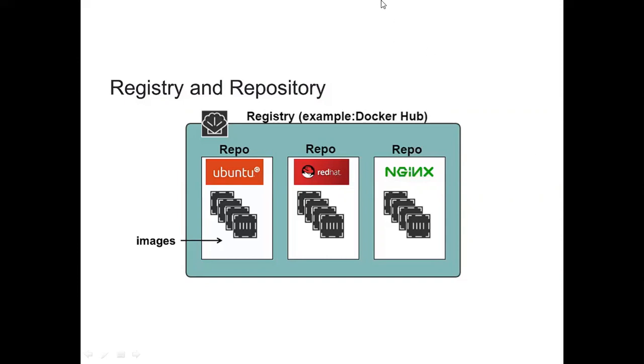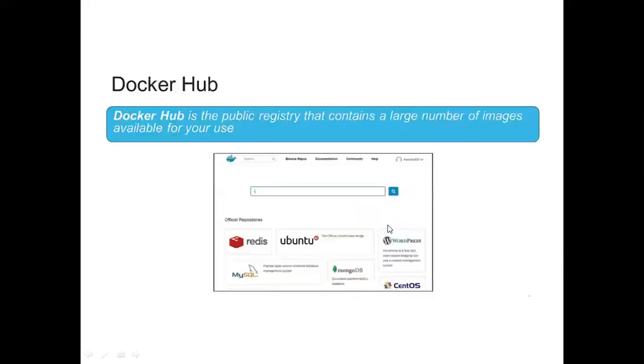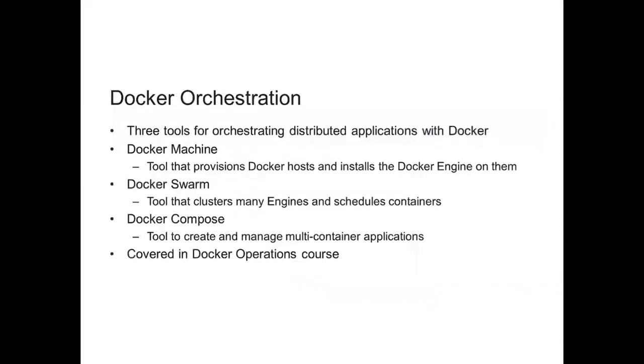All those softwares are available in the form of images. It is public, like GitHub. Everyone can download images, and there is no limit, a large number of images are available for your usage.